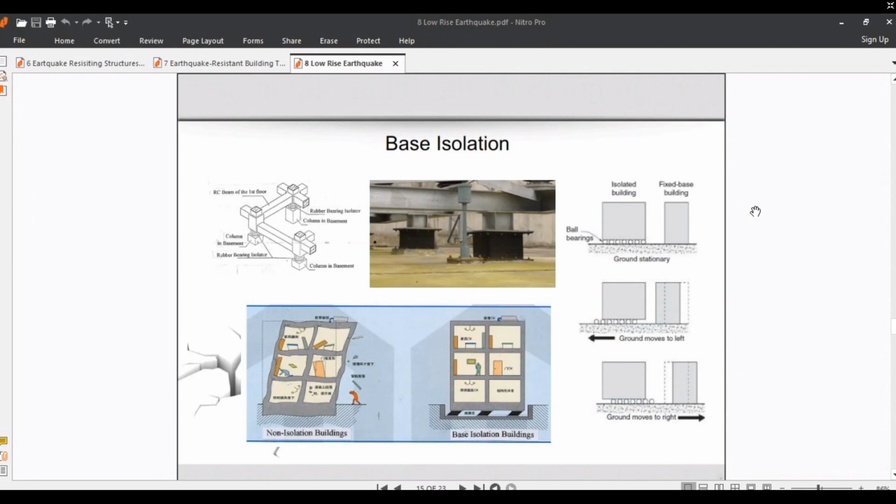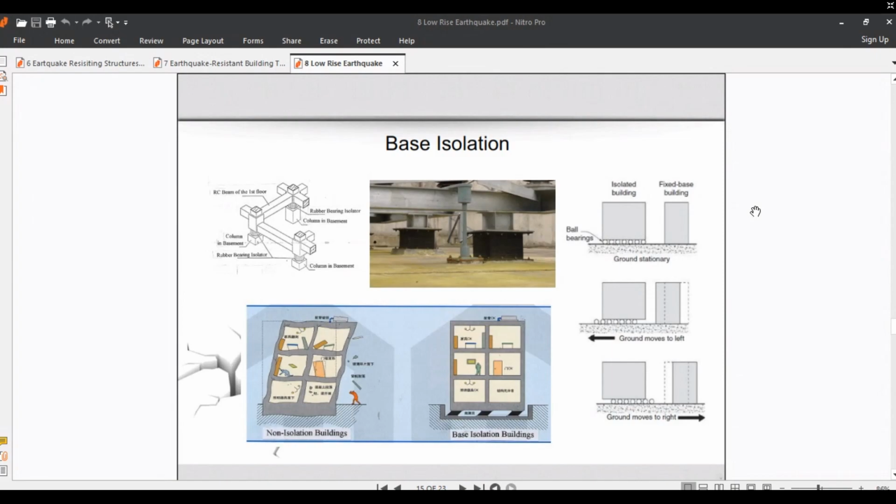As described and explained before in the last sessions about base isolation, you can see the schematic shape: the non-isolated building after the earthquake occurring, and the base-isolated building after the earthquake occurring.